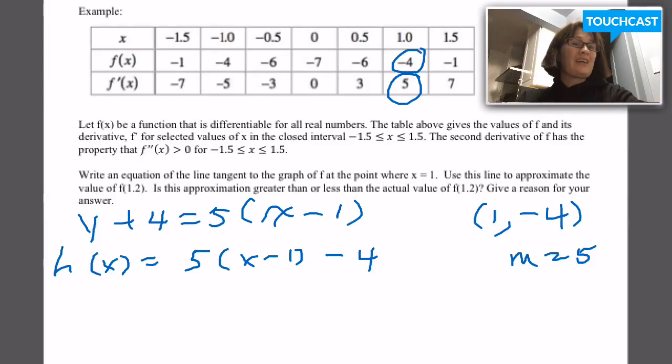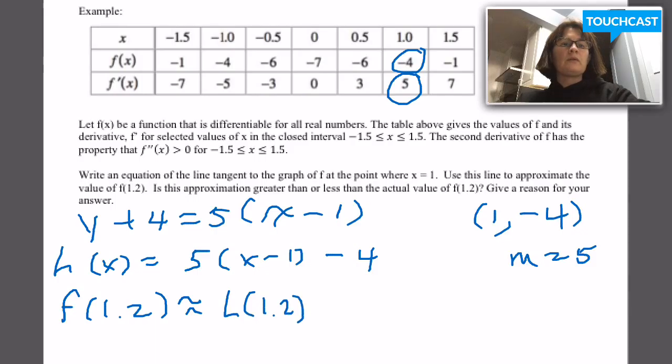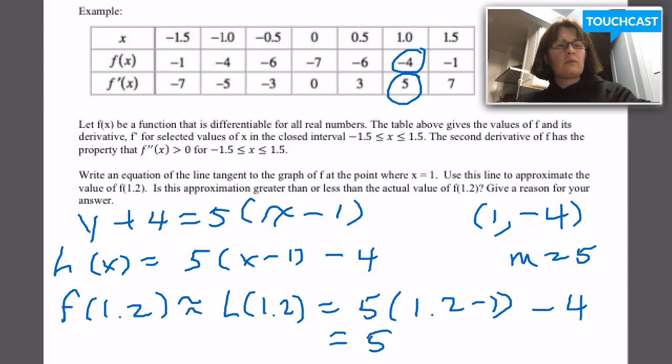And now my question is, what is f of 1.2? Well, I don't know, but I know f of 1.2 is approximately equal to, make sure those are approximately, L of 1.2, which is 5 times the quantity 1.2 minus 1, minus 4, which is equal to 5 times 0.2 minus 4. 5 times 0.2 is 1, minus 4 is negative 3.